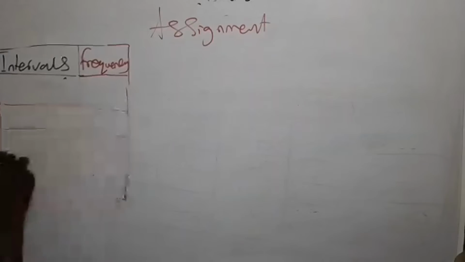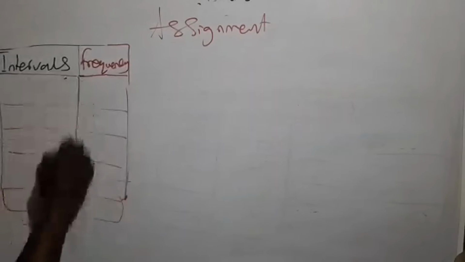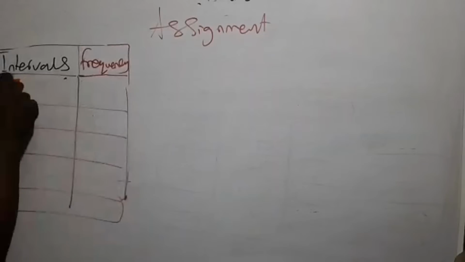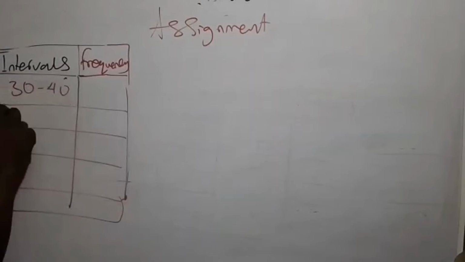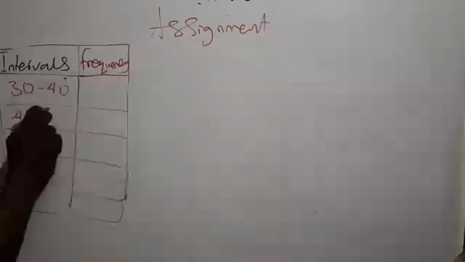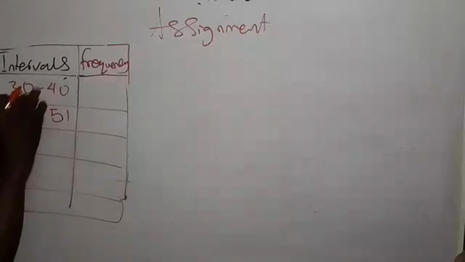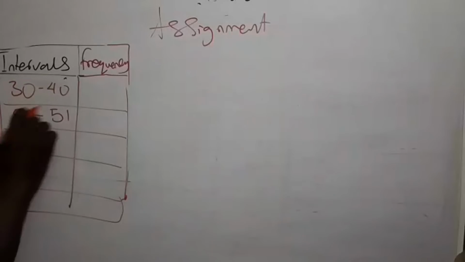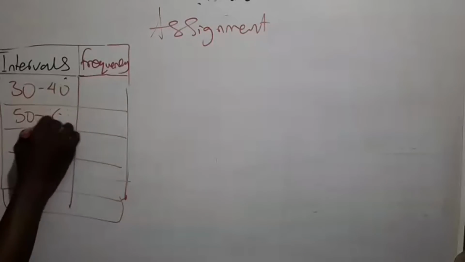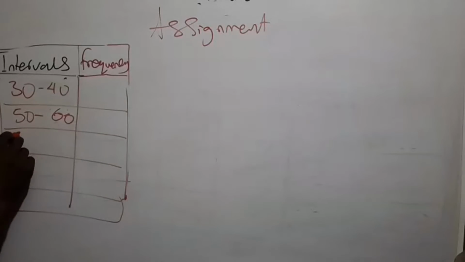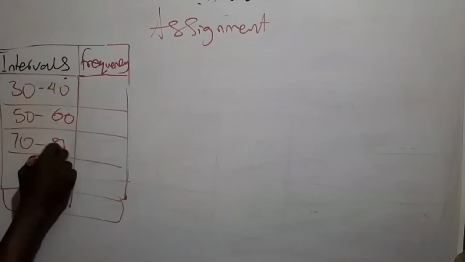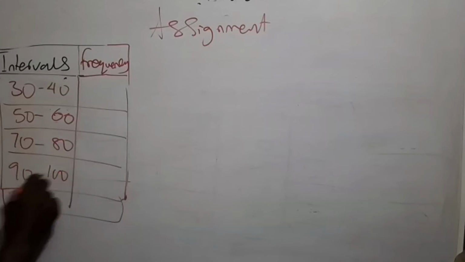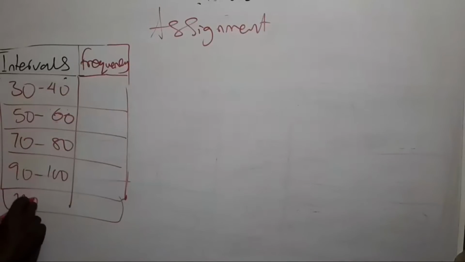So this is not going to be much. I'm just going to do probably 5. 1, 2, 3, 4, 5. Okay. I have 30 to 40, 40 to 50, 50 to 60, 70 to 80, 90 to 100, 110 to 120.